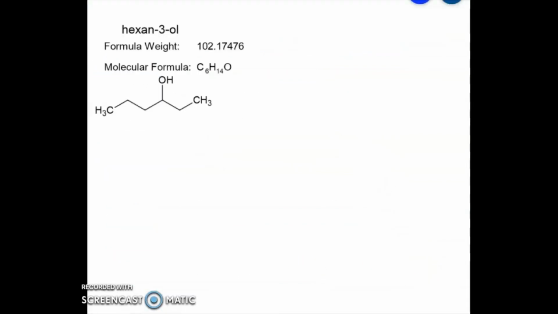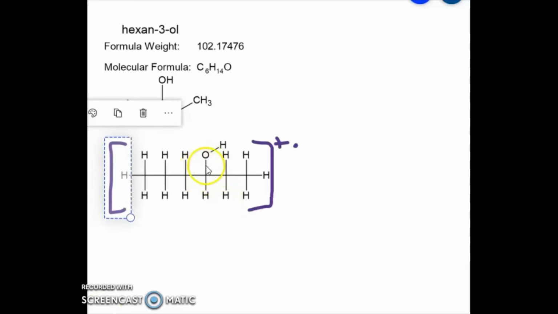Now, just as an example, I'm going to use hexane 3-ol or 3-hexanol. So the loss of water is going to result in H2O leaving and formation of a double bond.